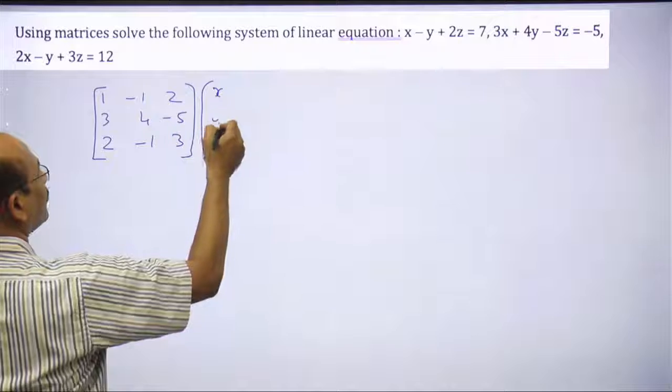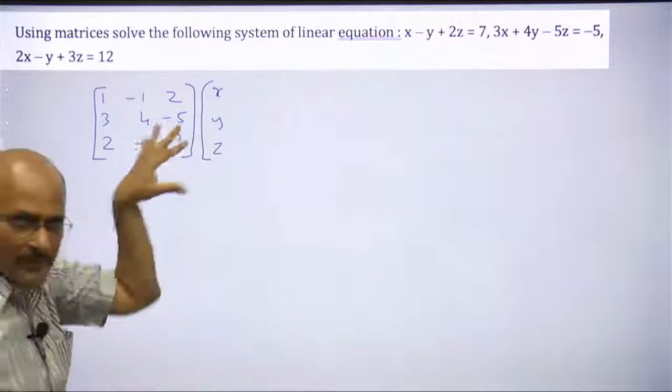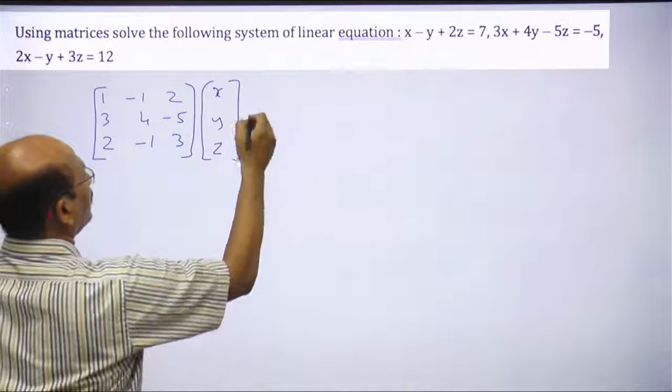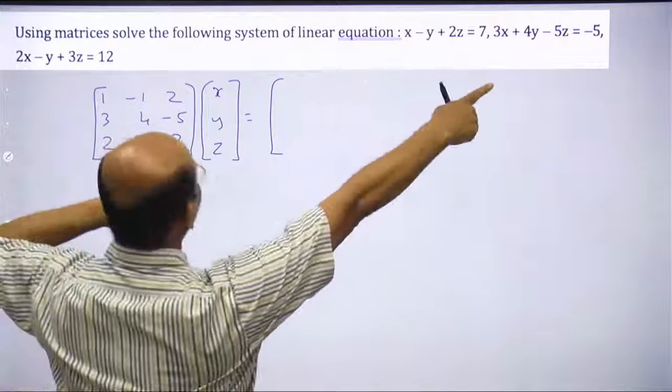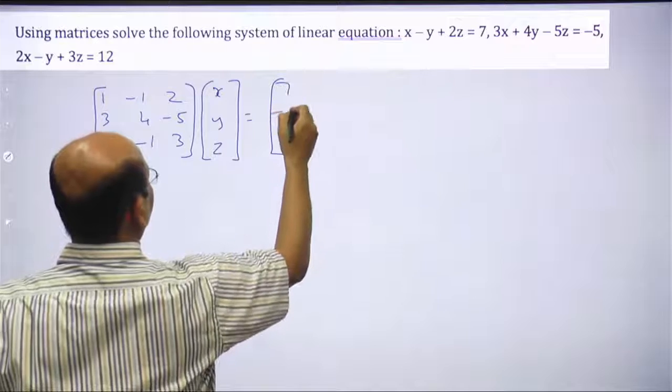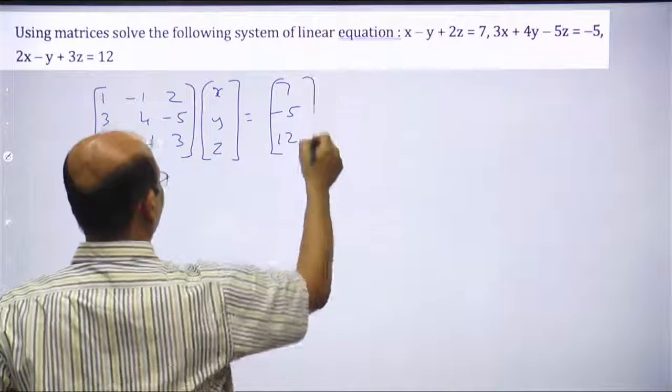This is x, y, z. Whatever the variables happen to be, place them over there, is equal to the constant matrix. What is the constant matrix? 7, minus 5 and 12.